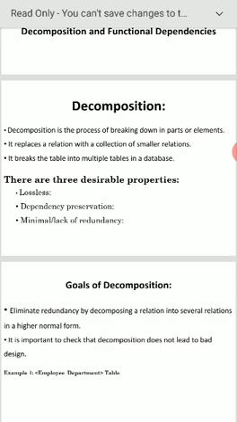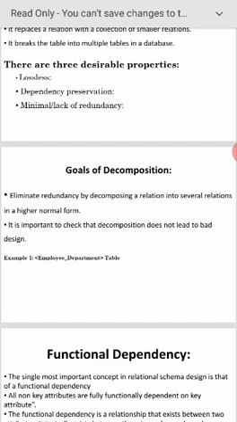Next, we'll pass on to goals of decomposition. What are the goals? First one, eliminate redundancy by decomposing a relation into several relations in a higher normal form. As much as possible, eliminate the redundancy while doing the decomposition.